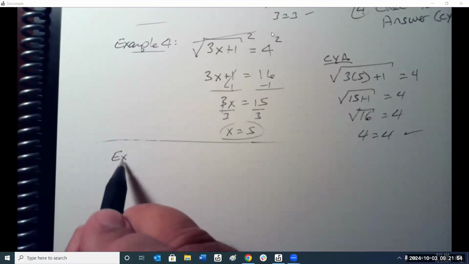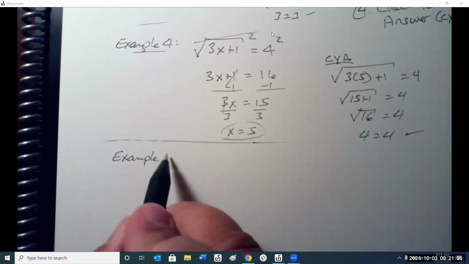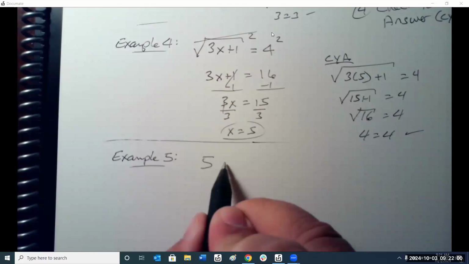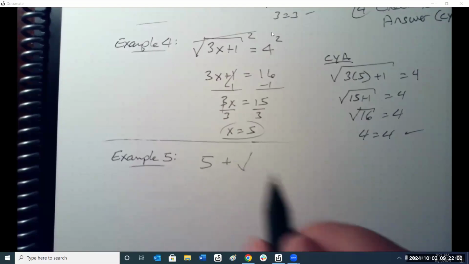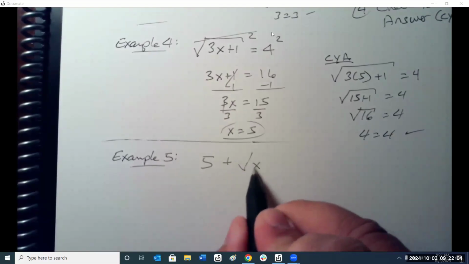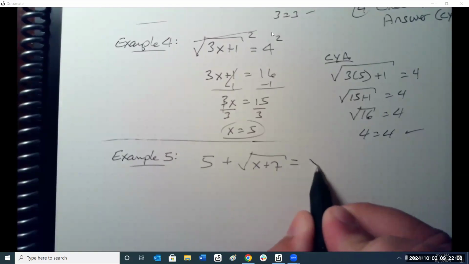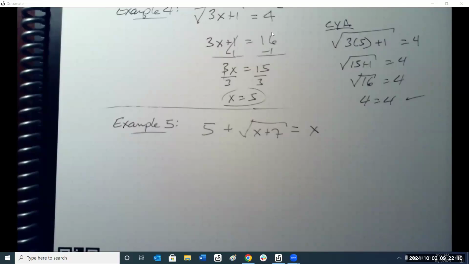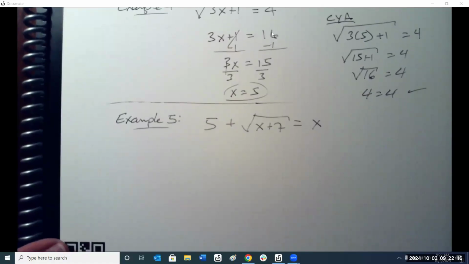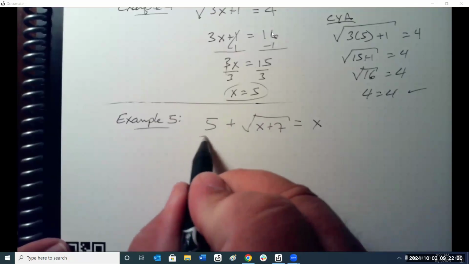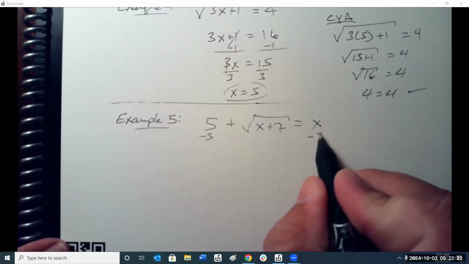Example 5. Okay, now we have a number in front of there. And we have an x on the other side. Again, same thing. Isolate the radical. So we subtract 5 from both sides.